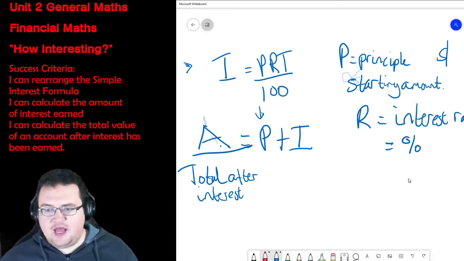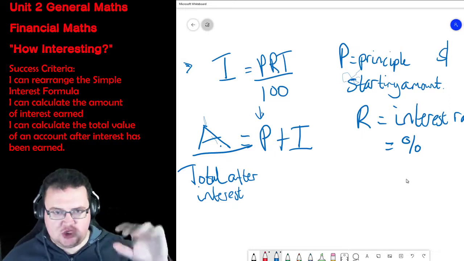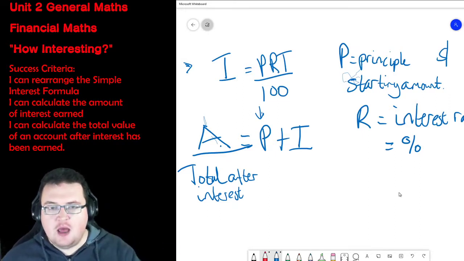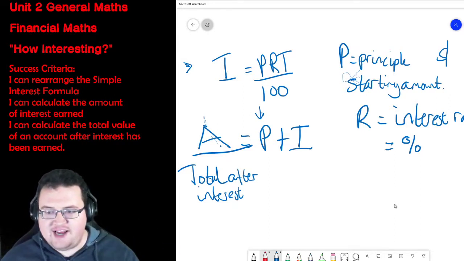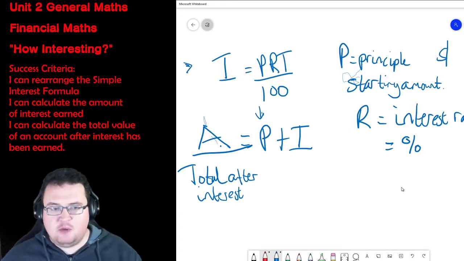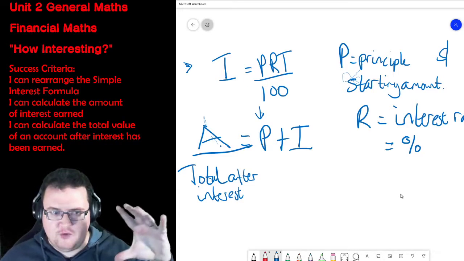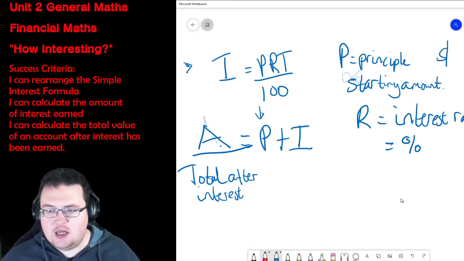All right. Some people don't put the fraction, don't put PRT over 100, but they instead write the rate as a decimal. But since most of our questions are dealing with interest rates anyway, having it as a percentage and putting it over 100 just takes a lot of work off it.